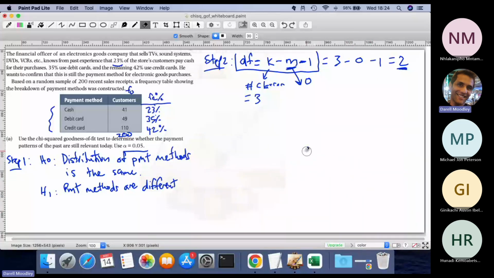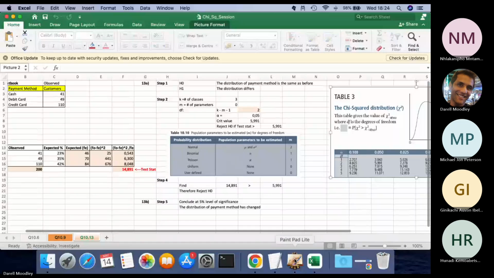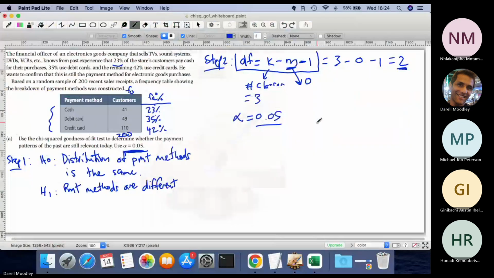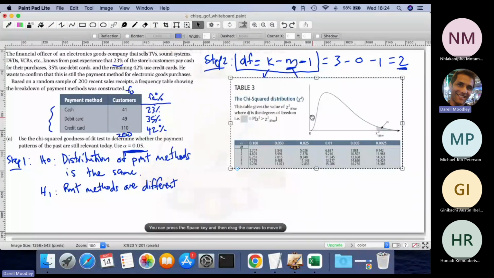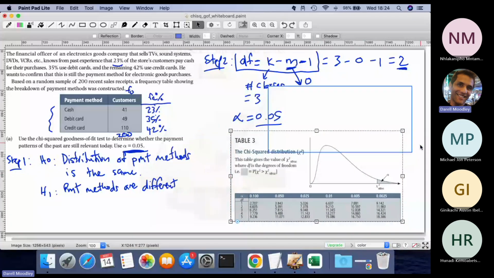All right, so we have degrees of freedom, and then our alpha is given to us. Level of significance 5%, so 0.05. So we go to our table in our textbook, and I've copied that to make things a bit easier. Remember, in our table, which will be given to you in your exam, here's your chi-square distribution.